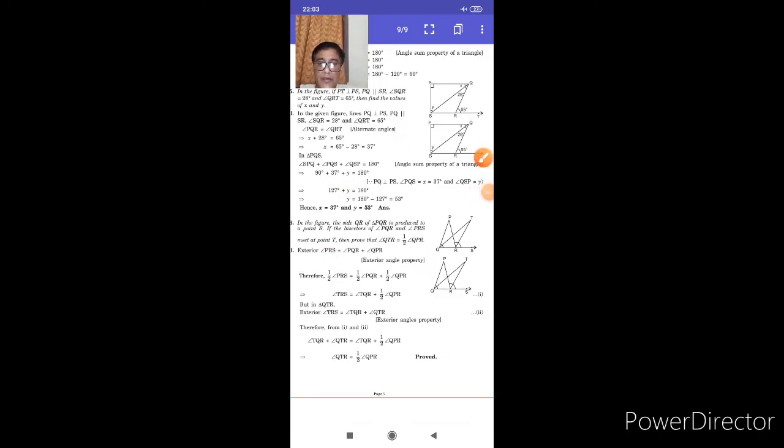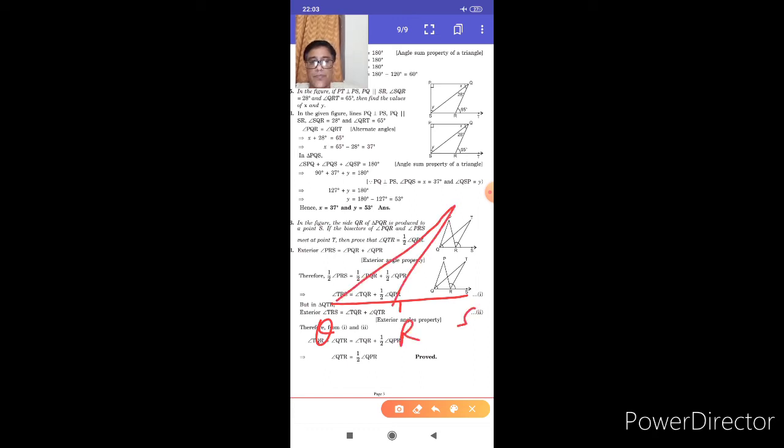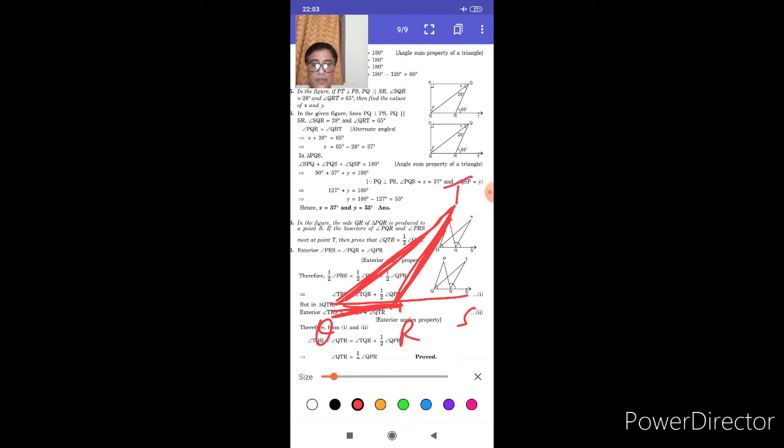Now, in triangle QTR, see student, I am making the figure again. This is the line QRS. This is the figure.